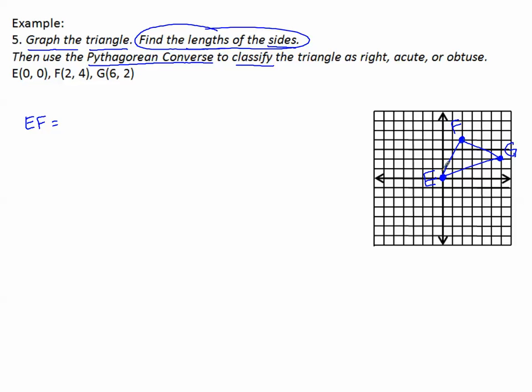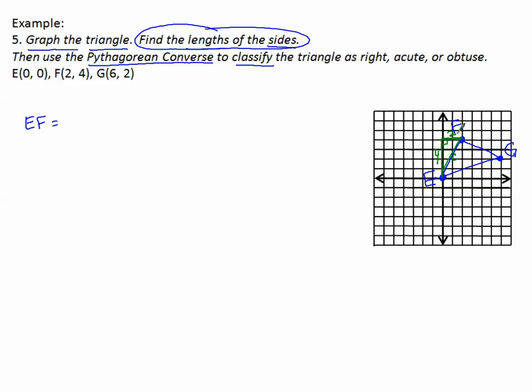From E to F, how much do we count up and over? Because remember, that makes a right triangle, where the hypotenuse is that slanty length from E to F, because there is our right angle. So how much do we count up? 1, 2, 3, 4 blocks. How much do we count over? 1, 2 blocks.